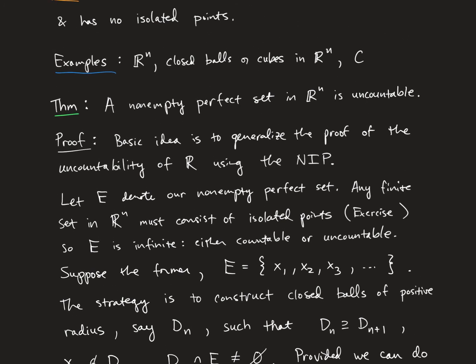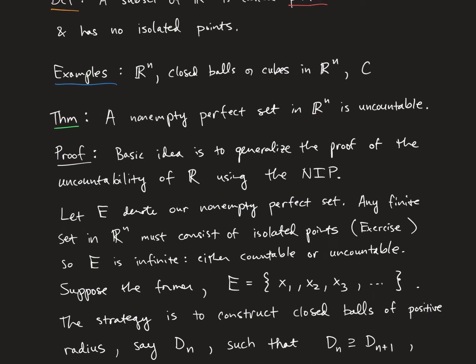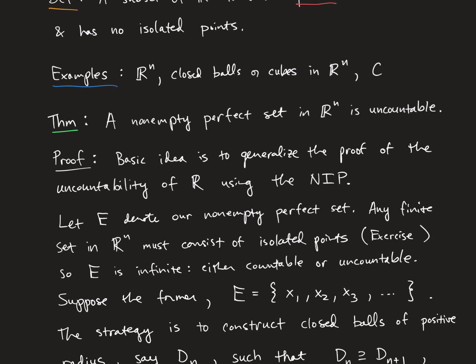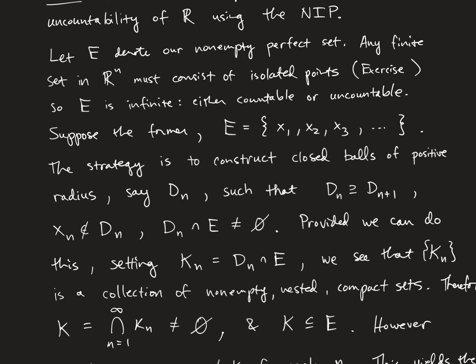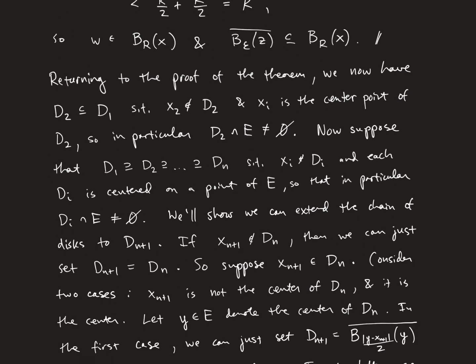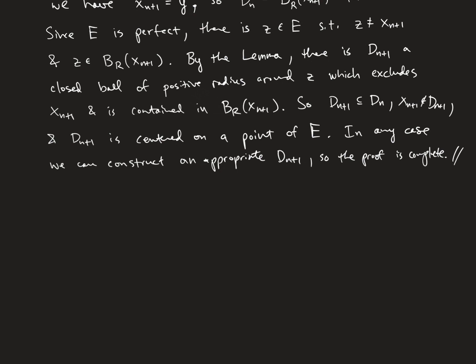This shows the uncountability of the Cantor set and any perfect set, including other Cantor-like sets in higher dimensions, as well as more friendly-looking sets like closed balls and closed cubes. Those are automatically uncountable by this argument as well. So the corollary: the Cantor set is uncountable.